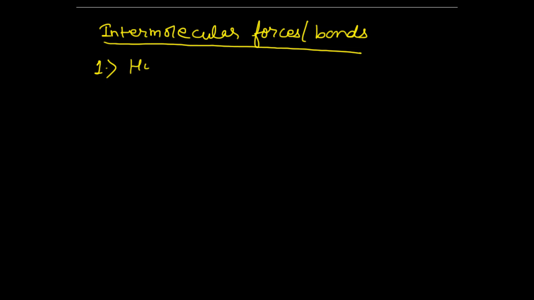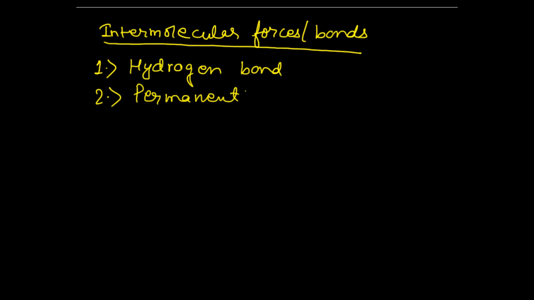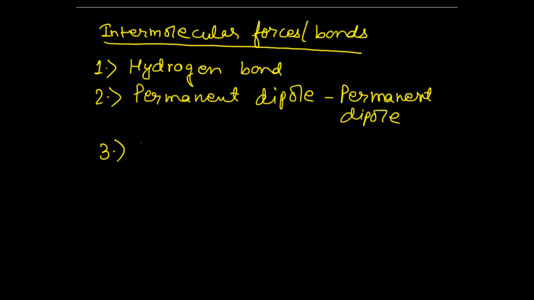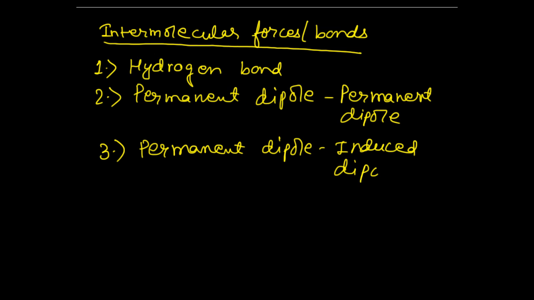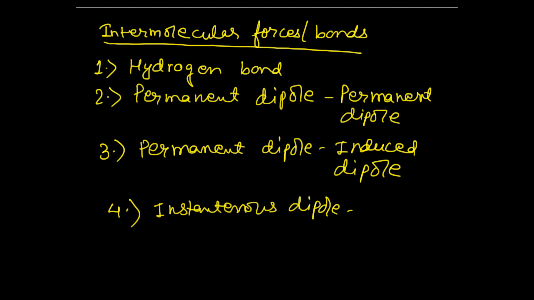They are: one, hydrogen bond; two, permanent dipole and permanent dipole; third one is permanent dipole and induced dipole, and the last one is instantaneous dipole and induced dipole.